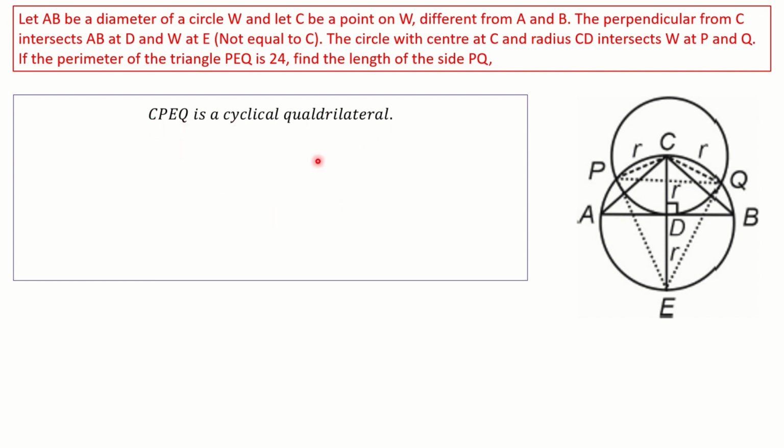Once you know this, there is a formula: the sum of the products of opposite sides, that is CP into QE plus CQ into PE, is equal to the product of the diagonals, CE into PQ.